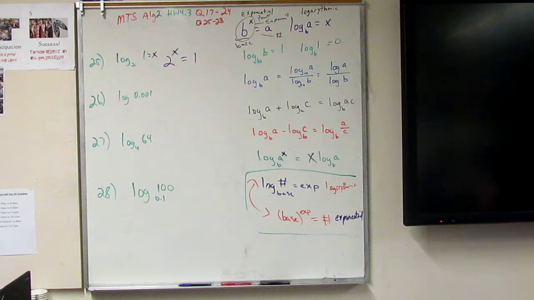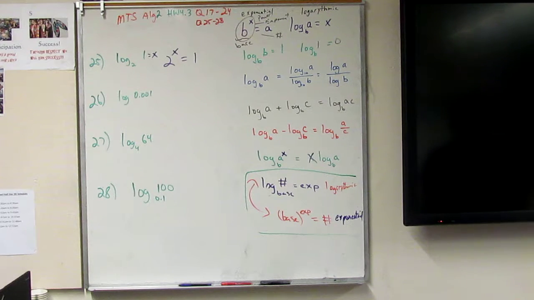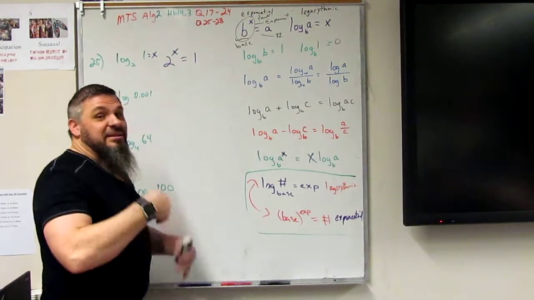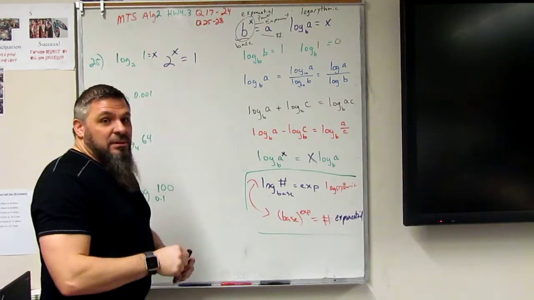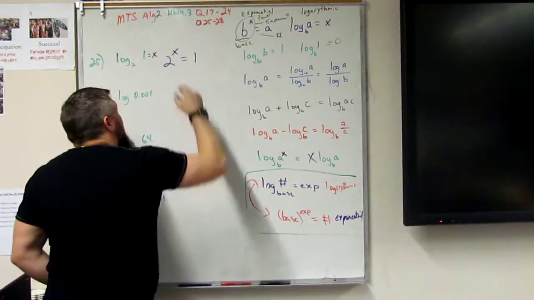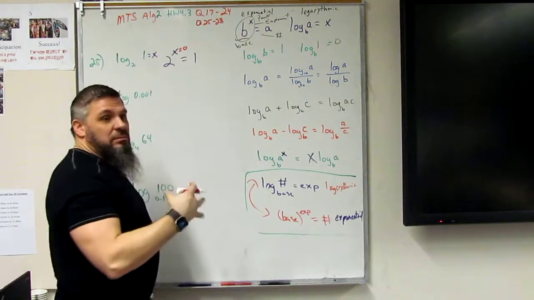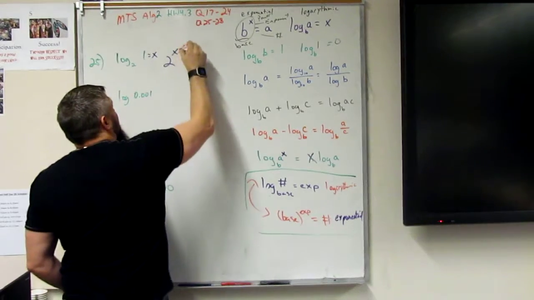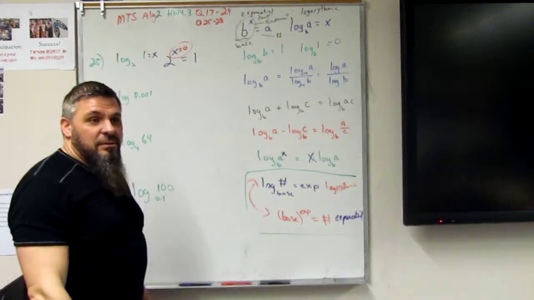Remember the rule. Any number raised to the 0 power is equal to 1. So if x were 0, 2 to the 0 is 1, right? Yes. There you go. X is 0.